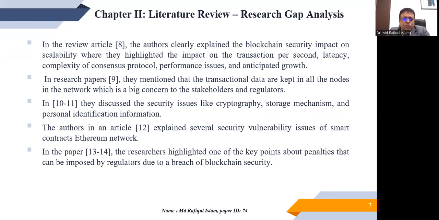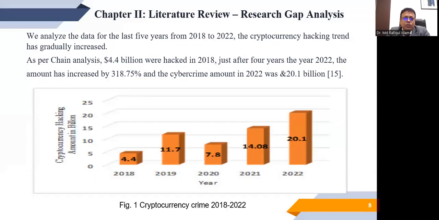These are the things we have already discussed in detail in the research scale. One important point I would like to highlight: we analyzed the data from 2018 to 2022. The number of cryptocurrencies gradually increased, and their security aspects are also vulnerable.